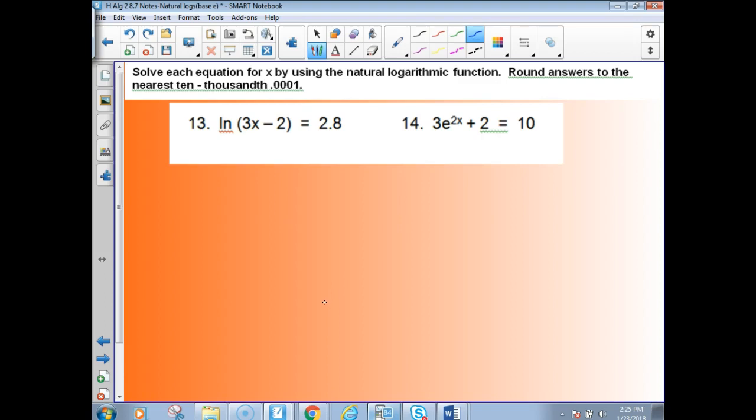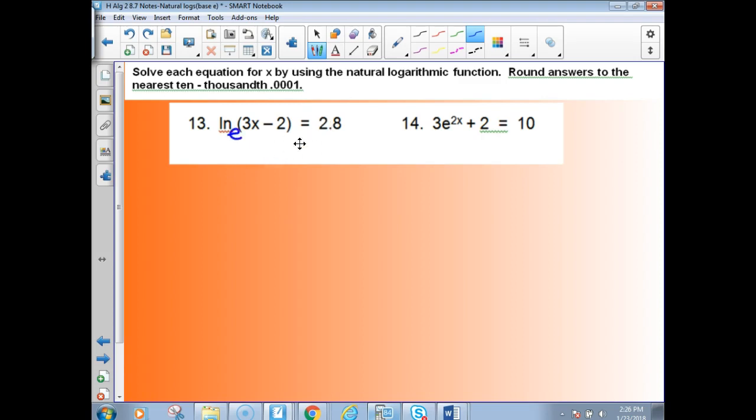Anytime you look at a problem and it's got a logarithm in it, and there's not logarithms on both sides, you need to rewrite it as an exponential equation.